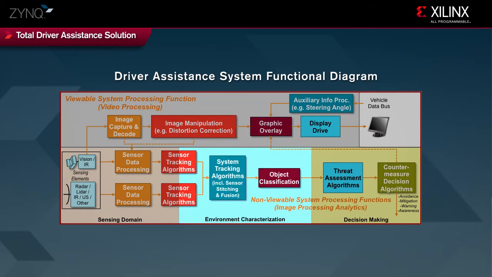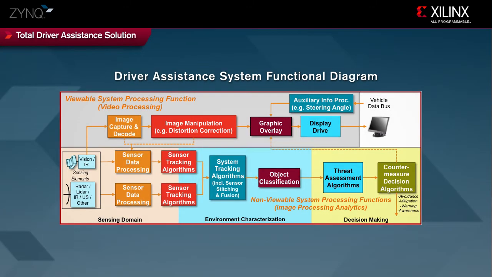Collision avoidance features use additional sensor data processing that ultimately allows for characterization of the environment around the vehicle. This could involve identification and tracking of lane markers, signs, other vehicles, or pedestrians. Decision-making must ultimately be performed to assess threats, warn the driver, or in some cases take temporary partial control of the vehicle to avoid an accident.